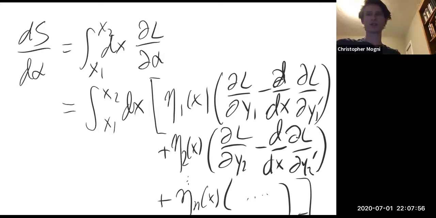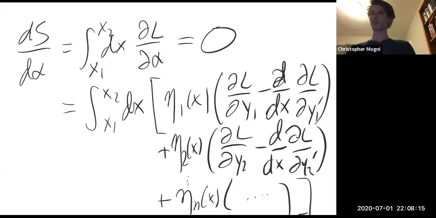Cool. So here's the trick. All these eta 1, eta 2, eta 3, eta 4, all the way up to eta n, those are arbitrary functions that don't depend on each other. So if this is going to be set equal to 0, the stuff in parentheses in front of each of them independently needs to be equal to 0.